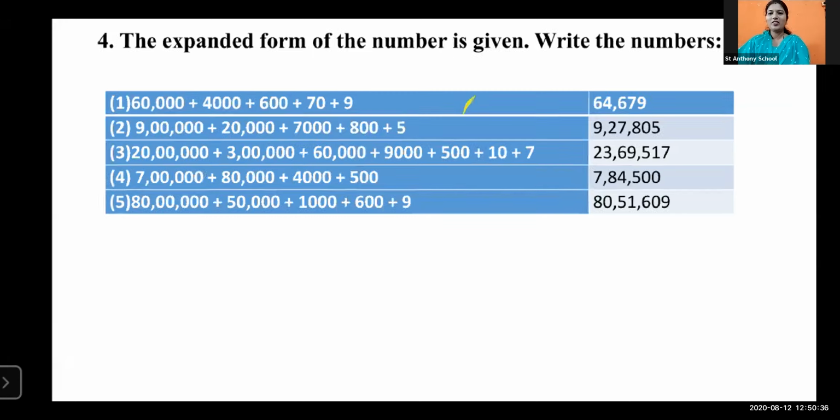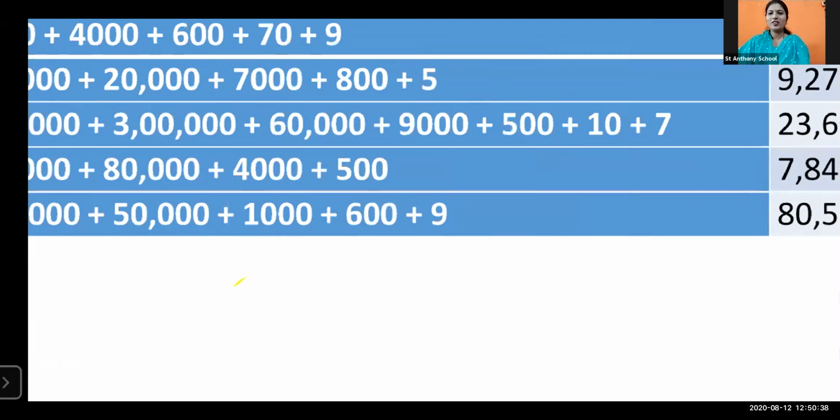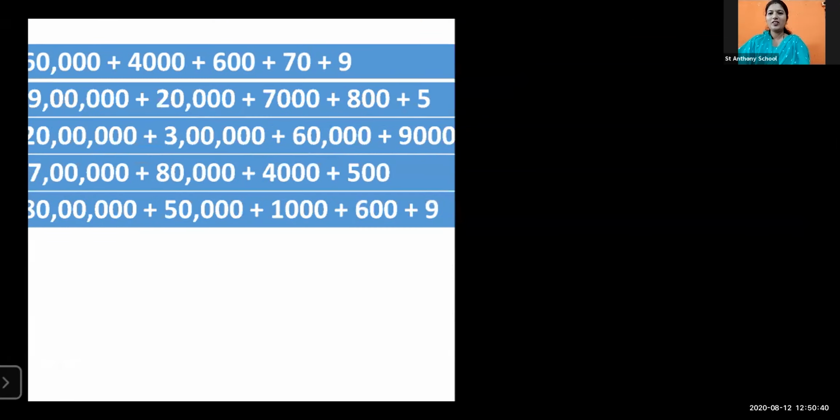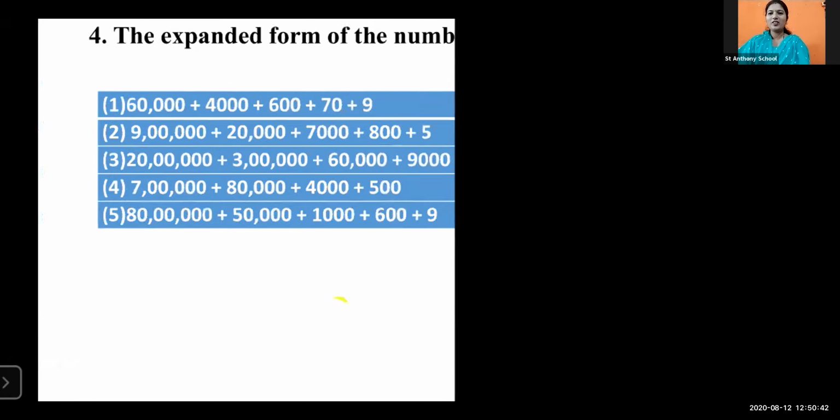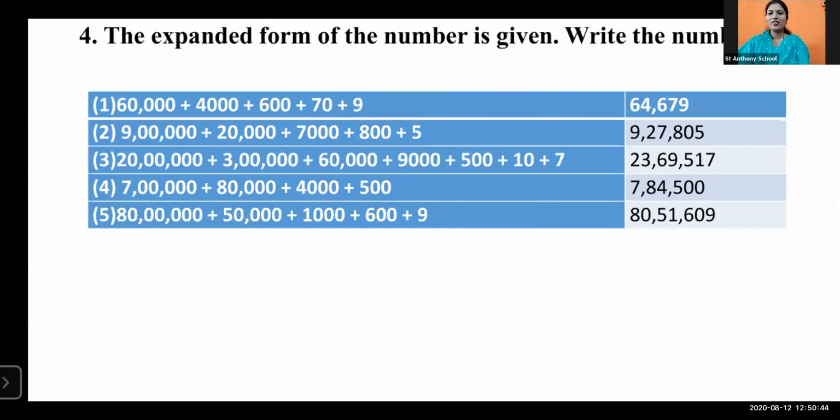Now we'll solve the third example. Third example: 20 lakhs plus 3 lakhs plus 60,000 plus 9,000 plus 500 plus 10 plus 7.